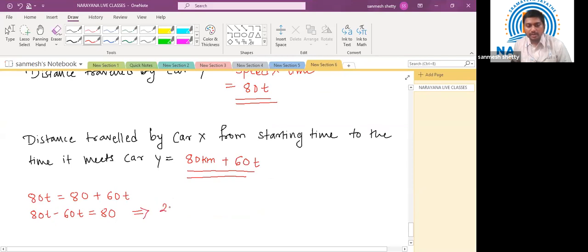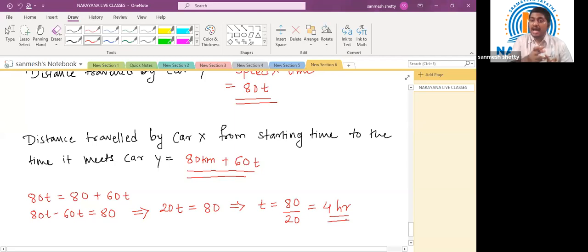So this implies 20 t is equal to 80. Again, t is equal to 80 by 20, which is nothing but 4 hours. So after the car Y starts, 4 hours after that, car X and Y will meet each other.